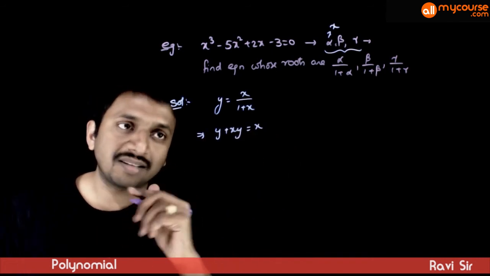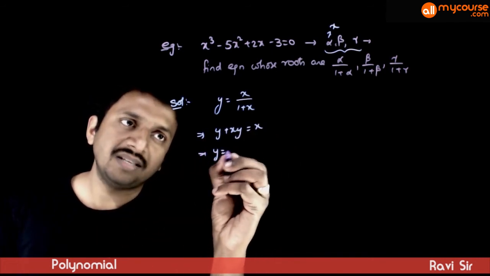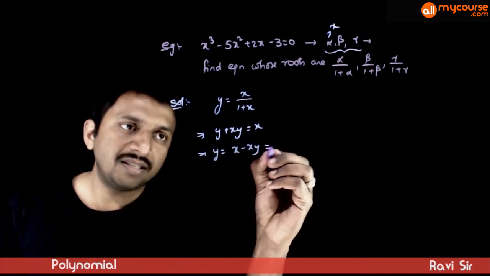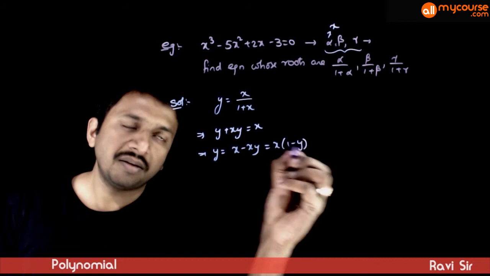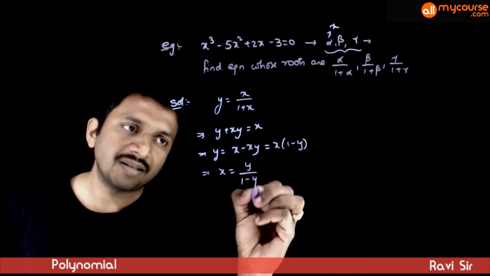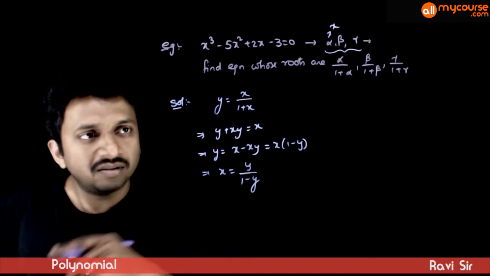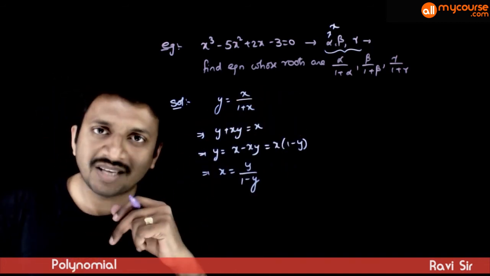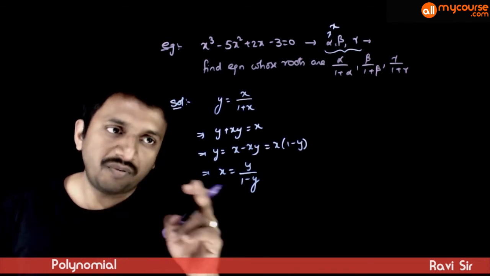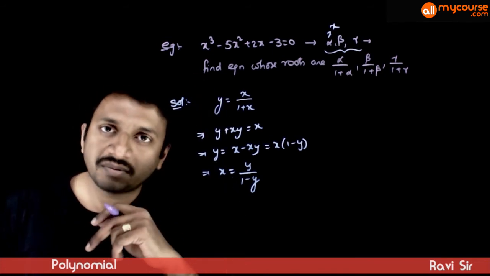I'll try to find what x is. This implies y is equal to x minus xy, that is equal to x times 1 minus y. And this implies x is equal to y by 1 minus y. So if y is equal to x by 1 plus x, x has to be equal to y by 1 minus y.